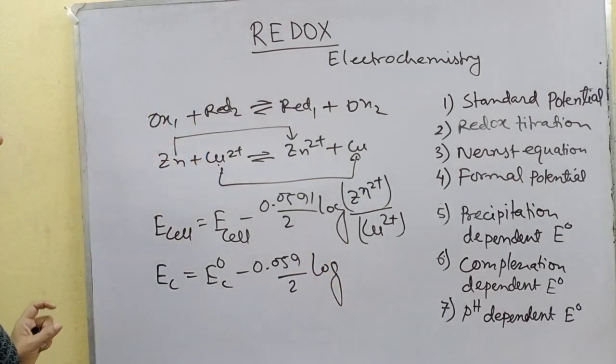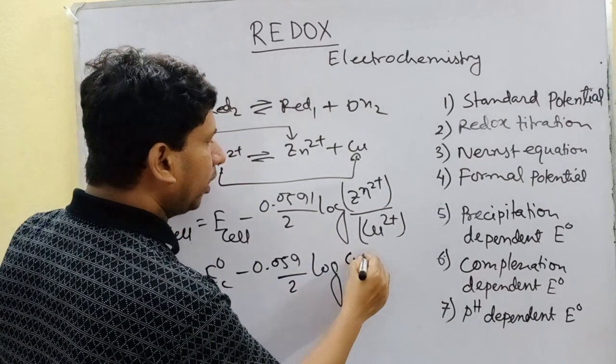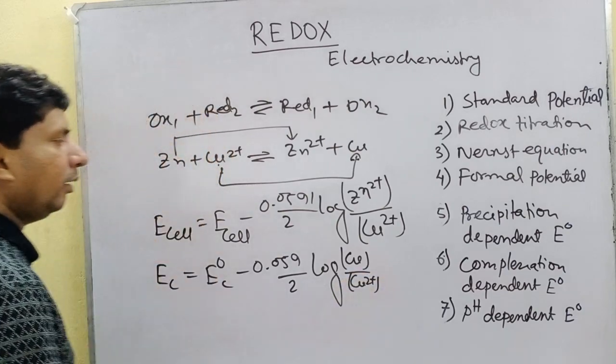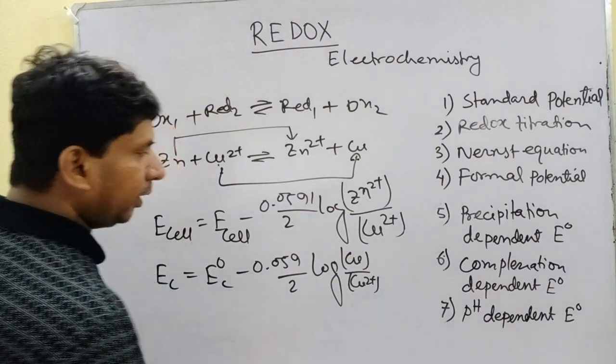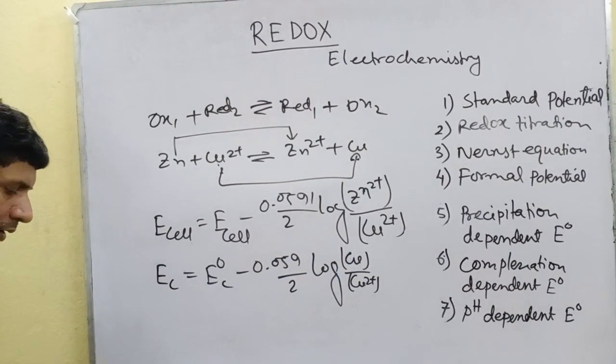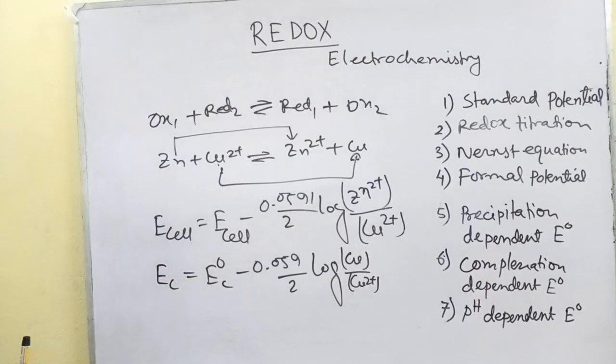What happens? Log of copper by Cu2 plus. That means here this is 1. The value of the Cu is just 1, and Cu2 plus has its concentration.